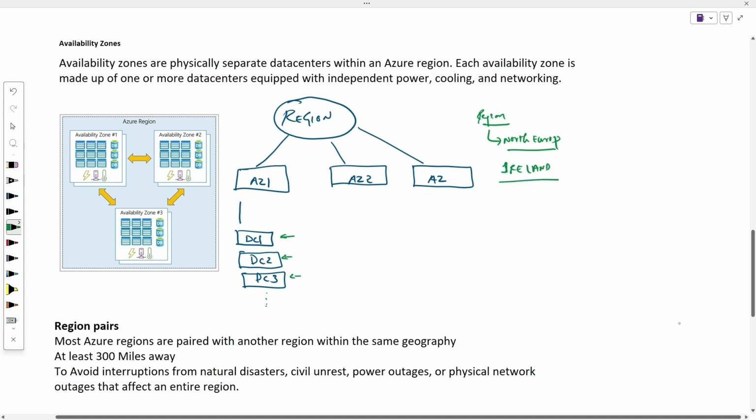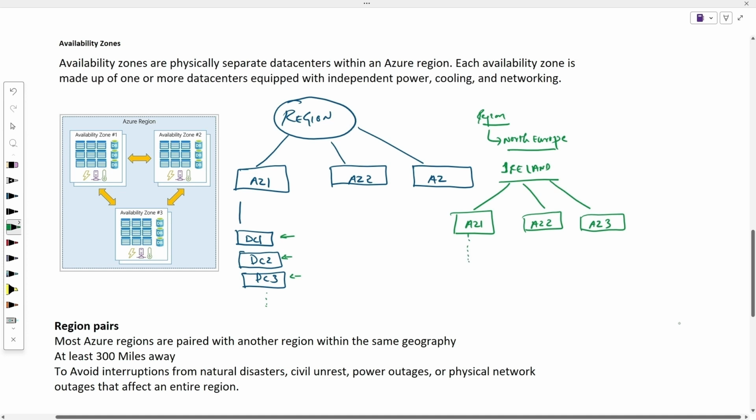So this is one of the regions in North Europe, and Ireland has multiple availability zones: availability zone 1, availability zone 2, and availability zone 3.